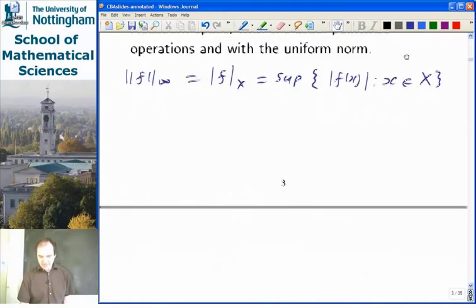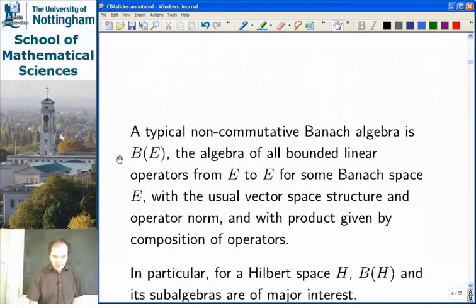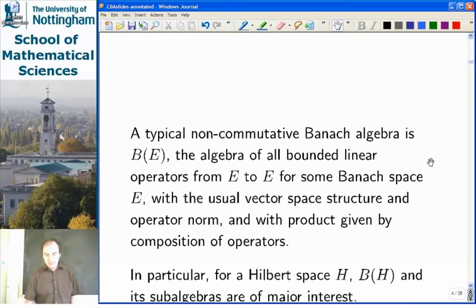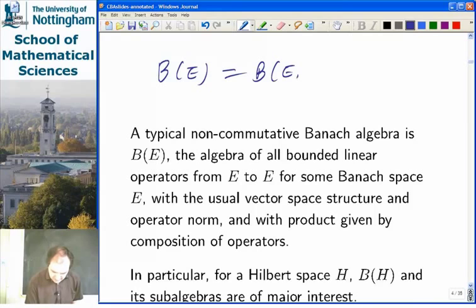If you want a non-commutative Banach algebra, which we won't be talking much about, then you can look at bounded linear operators. We already know that's a Banach space when E is a Banach space. So you start with E being a Banach space, and then you take B of E, remember, our shorthand for B of E, E, the continuous linear operators from E to E. And we know that's a Banach space because E is a Banach space.